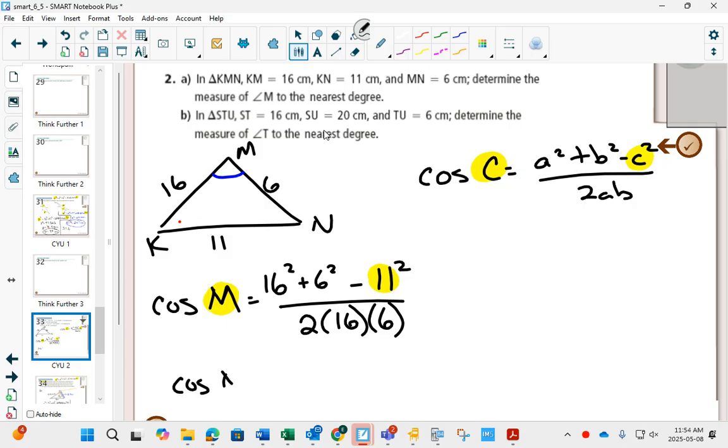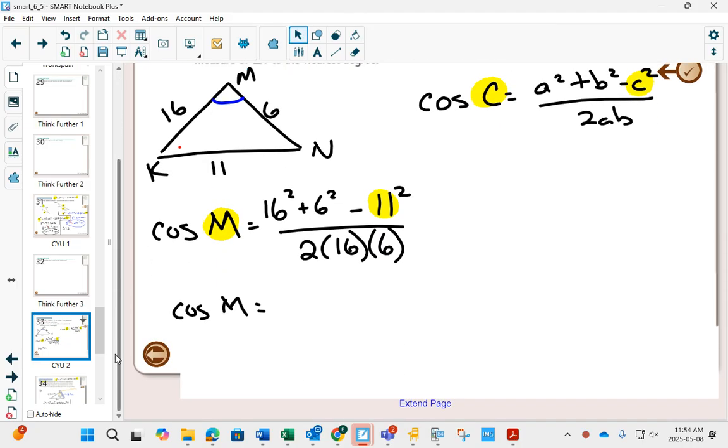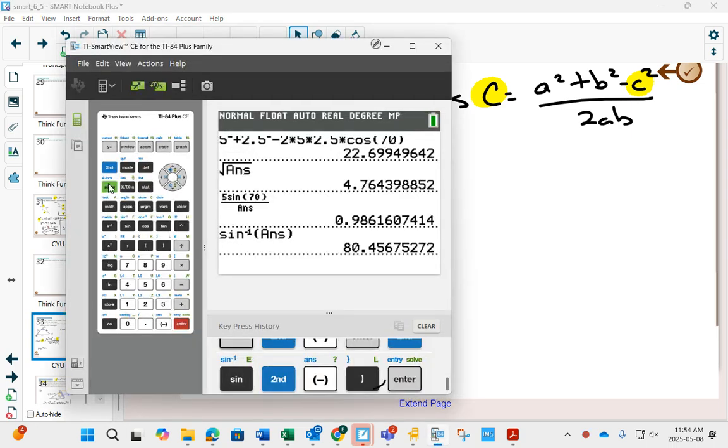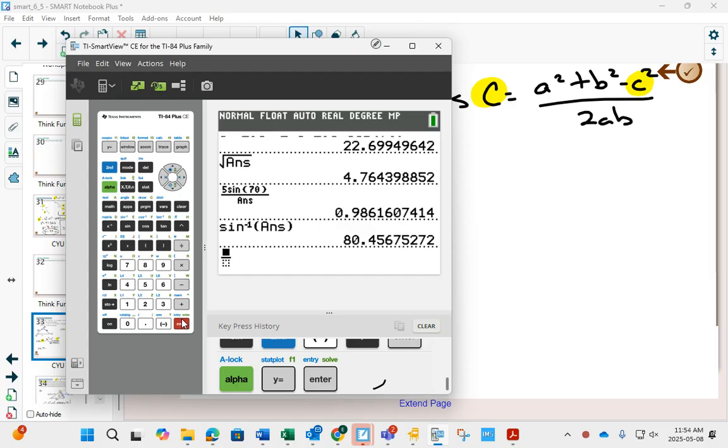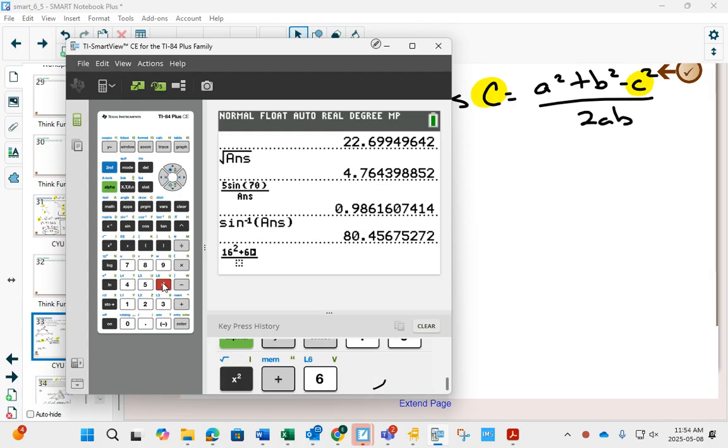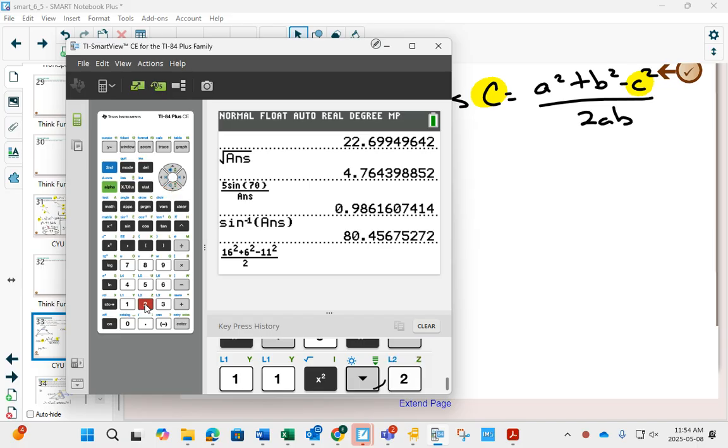And again, I want you to take out your calculator and type this in right now on your own to see if you can do this. I like to use the fraction button if you have it. If you don't have the fraction button, try it with however you have. 16 squared plus 6 squared minus 11 squared over 2, and you can put brackets or you can multiply, 2 times 6 times 16.